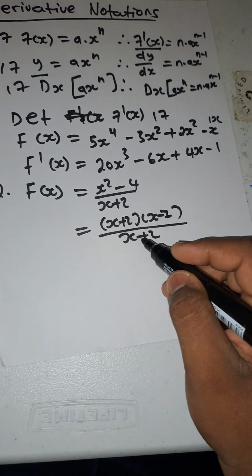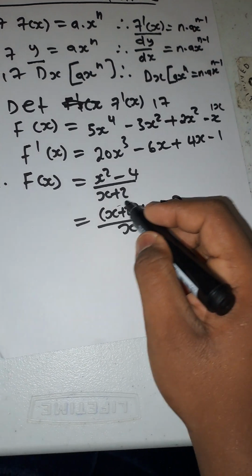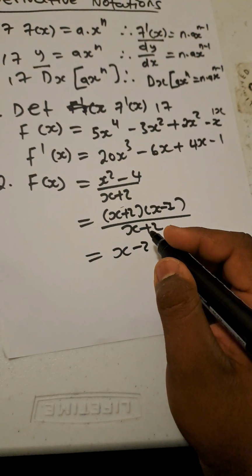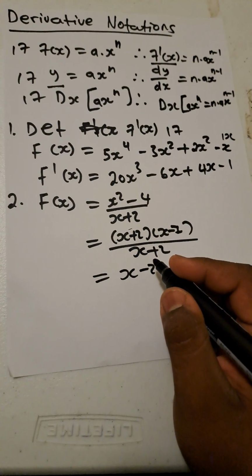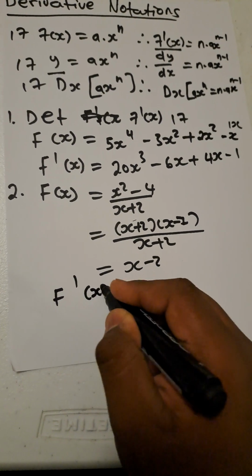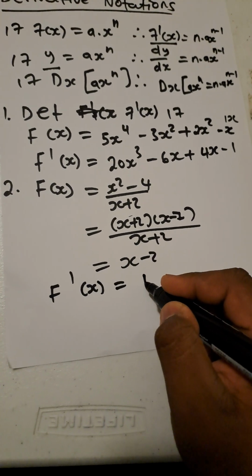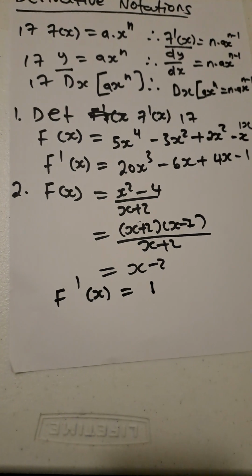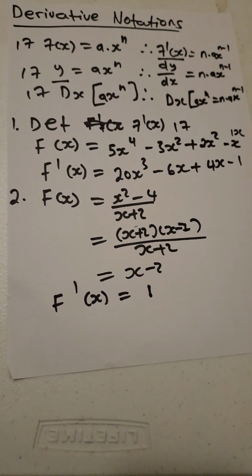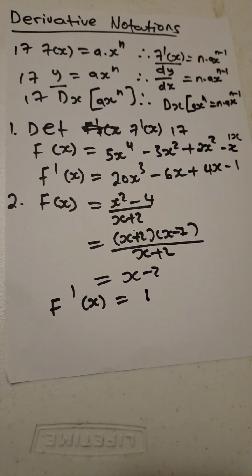This one and this one cancel, and I'm left with x minus 2. It means my first derivative will be equal to 1, because this is now a linear thing.